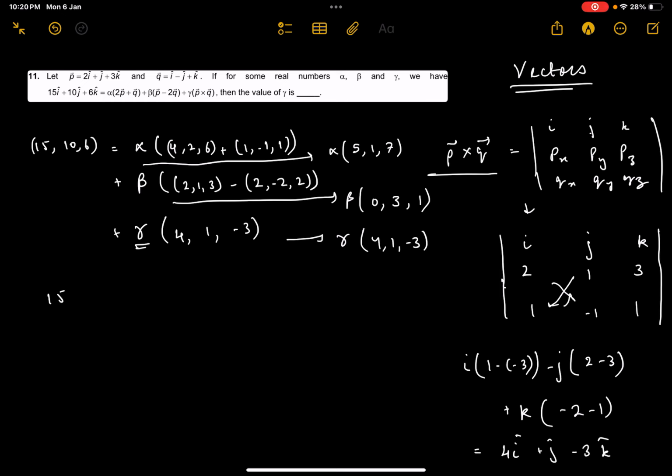So we get 15 equals 5 alpha plus 4 gamma, 10 equals alpha plus 3 beta plus gamma, and 6 equals 7 alpha plus beta minus 3 gamma.